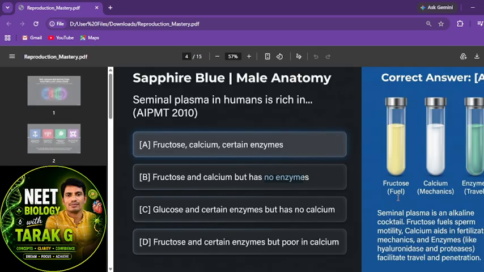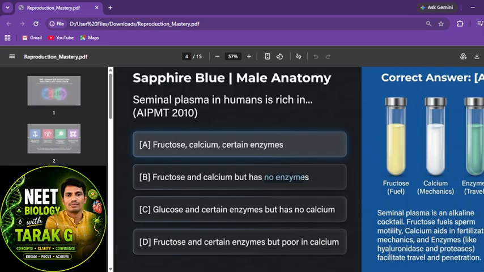See, fructose is the energy source. Without calcium there is no chance of motility and penetration. Seminal plasma is an alkaline cocktail. Fructose is the fuel for sperm motility. Calcium aids in the fertilization mechanism, you know the cortical reaction takes place.